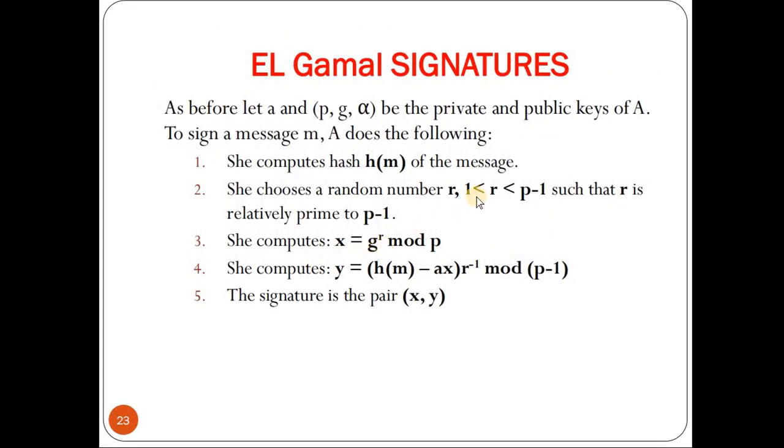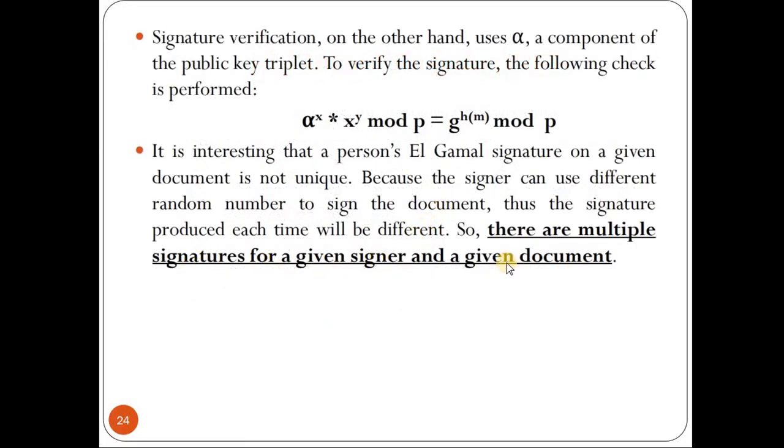As you can see, even though you choose the same message and apply the same hashing algorithm, if a different random number is used each time for the same document, the signature value you get, x comma y, will be different. It won't be the same, because as you perform the subtraction, the value changes here. So each time you take the same document and apply a different random number, the signature value will be different. So that is what is said here.